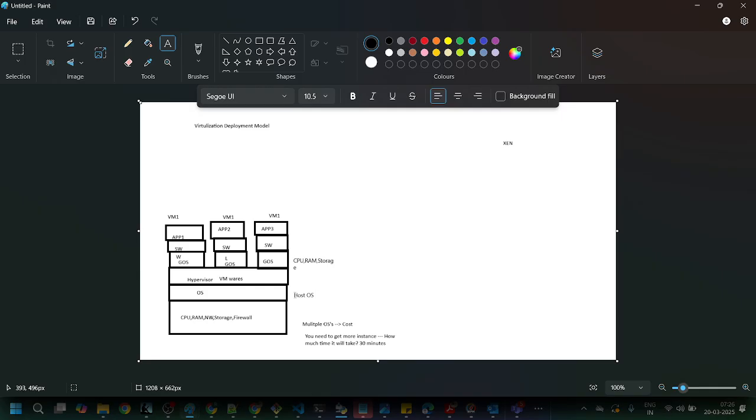Okay, so we allocate these resources from the host OS only. You can think we took 10 GB RAM. For virtual machine one we allocated 2 GB, for virtual machine two we allocated 2 GB, and for virtual machine three we allocated 1 GB.